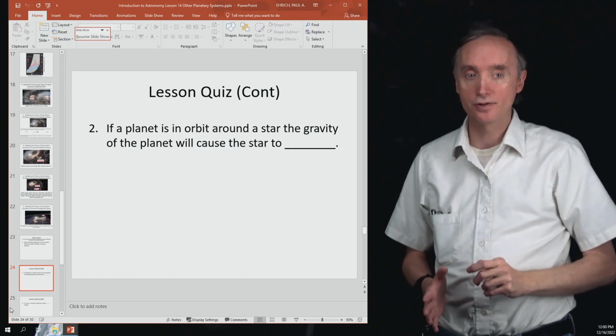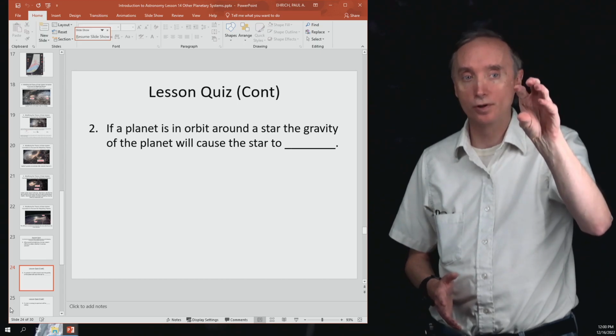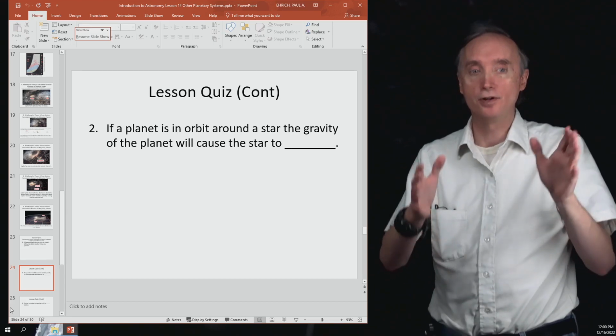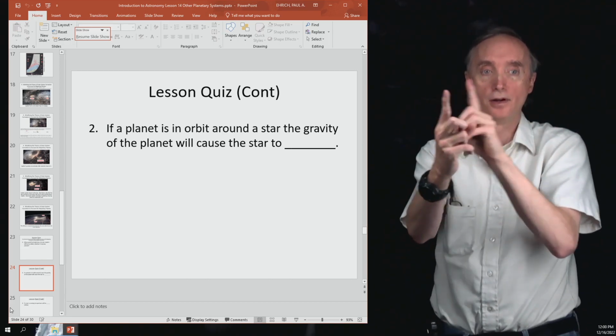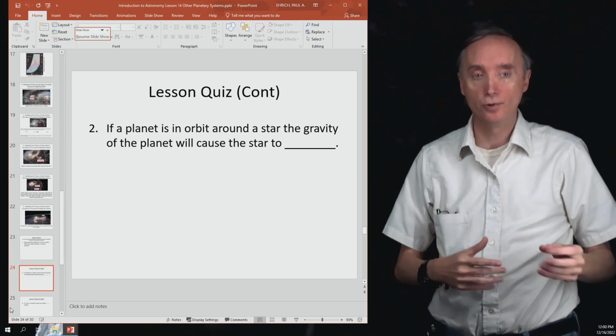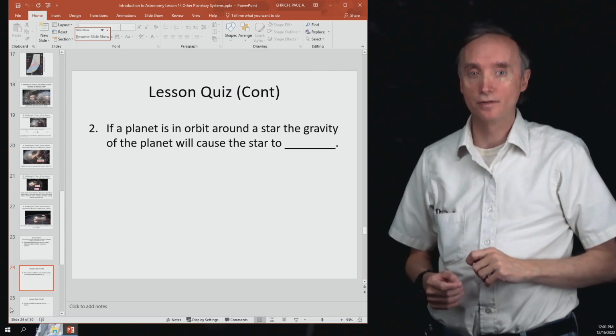So remember the teeter-totter thing, that the pivot point of the teeter-totter, that would be where the center of mass is located. And so if you can imagine that teeter-totter able to rotate around its pivot point, then that's what the star and the planet would be doing. They would both be in orbit around their common center of mass.